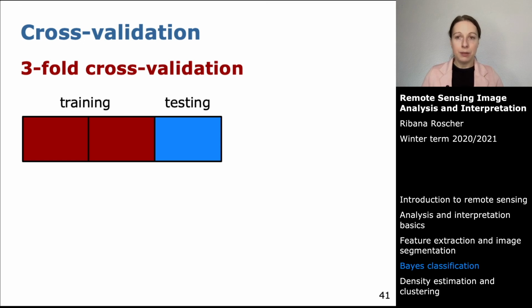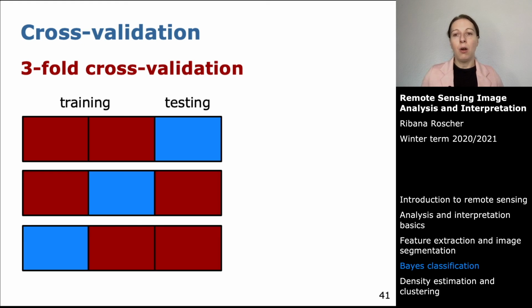What you can do now is, for this you get 1 classification result and you can do the evaluation, but you can also change the sets so that each set serves once as a testing set. And so in the end you have 3 different models, 3 different classification results, and also 3 different evaluation scores. And what you do in the end is you can take the average, but also report a standard deviation.